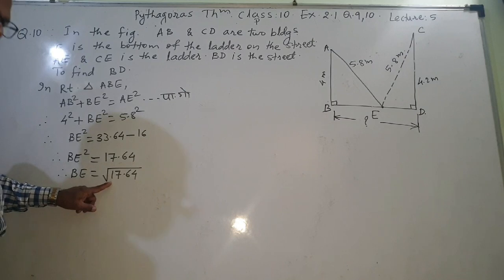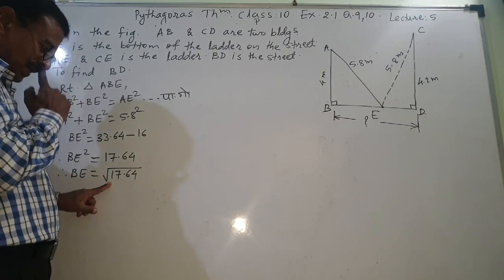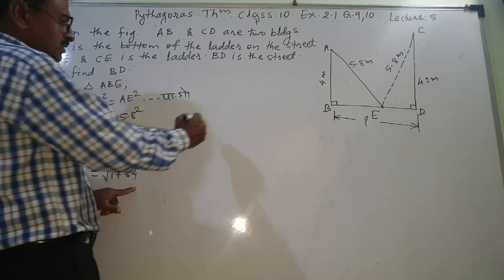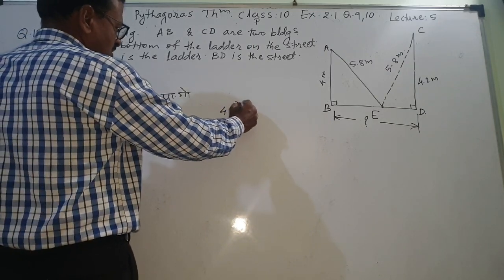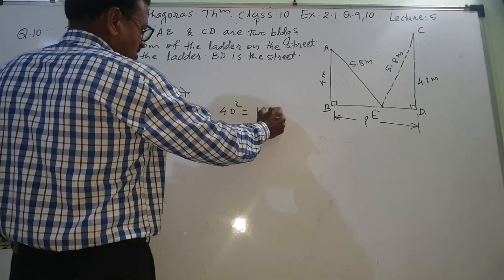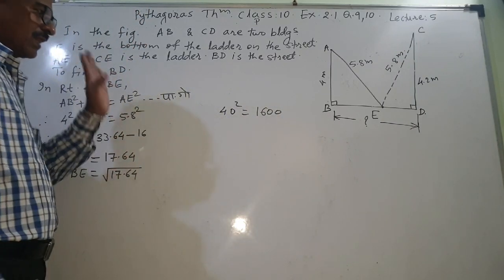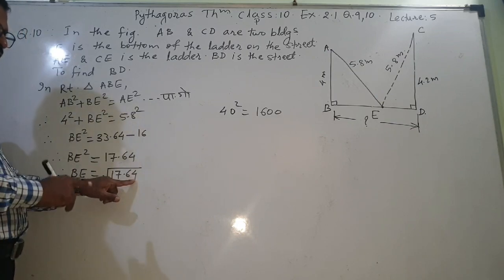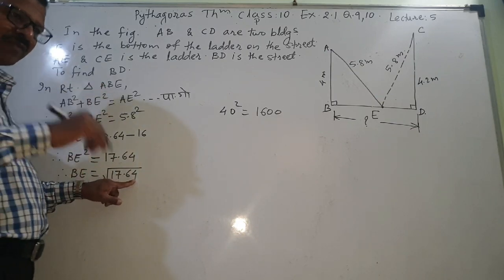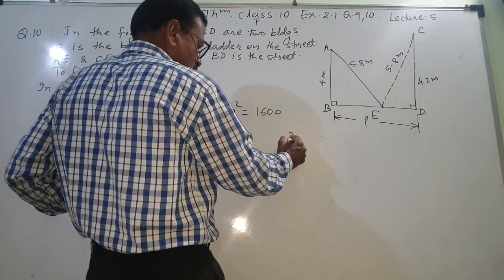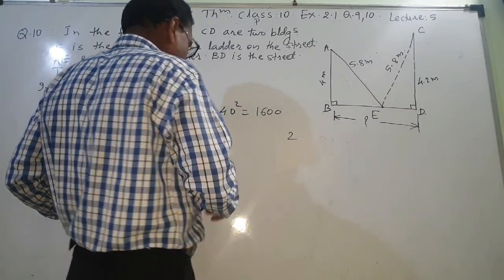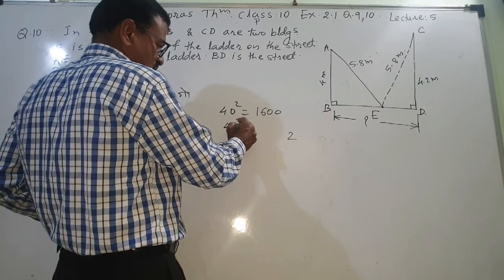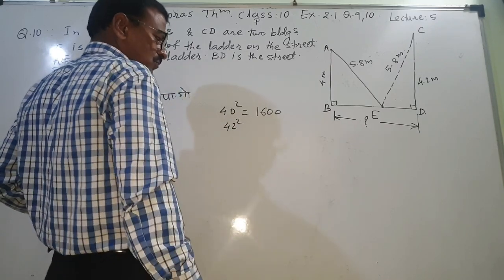So definitely by judgment how to do? 1764 means 40 square is 1600, so more than that. At the last digit I want 4. Where can 4 come? 2. If it is 2, then 2 into 2 will be 4. So 42 square, that way.